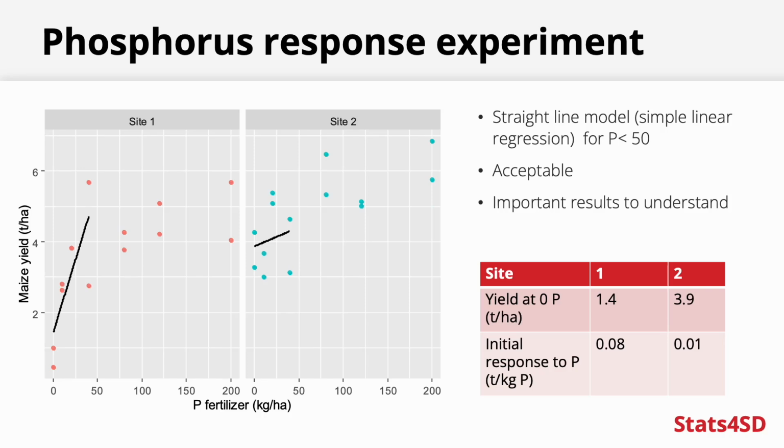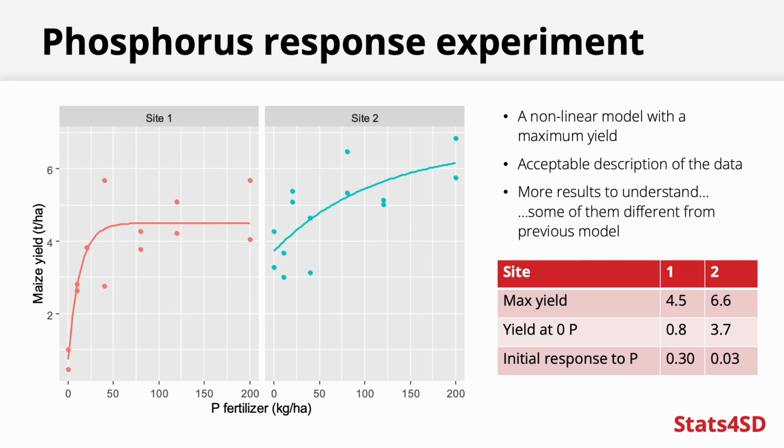The yield with no added phosphorus at site 2 is nearly 3 times that at site number 1, and the response to adding P is far higher at site 1. If you are the researcher here, those facts should raise questions about why. What's the difference between the sites that gives rise to such a large contrast in maize yields and response to phosphorus fertilizer? So in that sense, this very simple model might be useful.